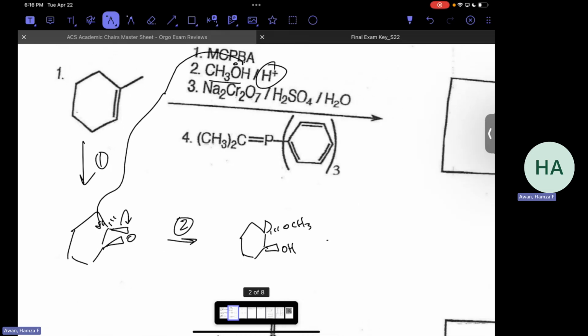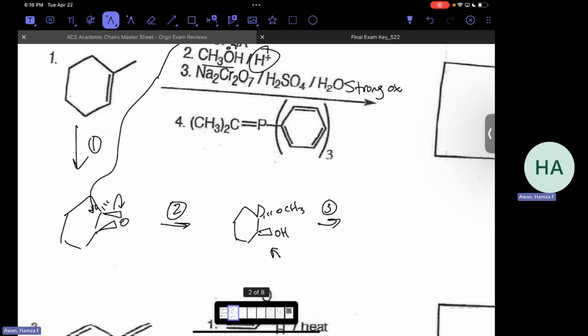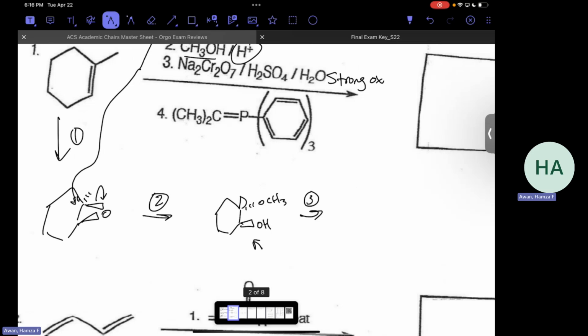And now our third step, we have sodium dichromate, right? This is a strong oxidizing group, strong ox. And so what that'll do, it won't do anything to the ether, but to the alcohol, it'll oxidize it as much as it can. Because we have a secondary alcohol, it can't go past the ketone stage. So it's going to go all the way to the ketone and then stop there, right?